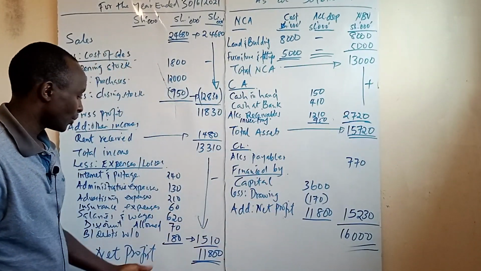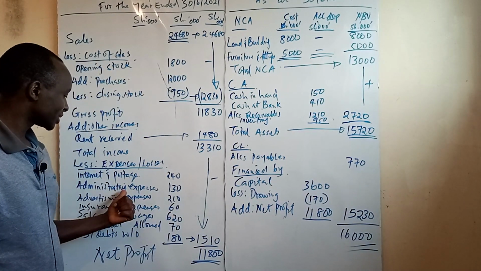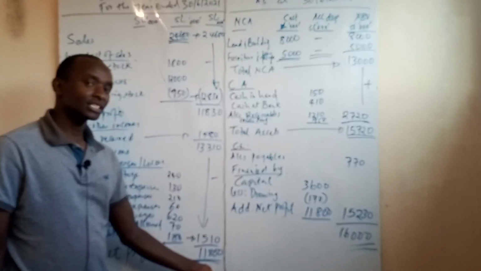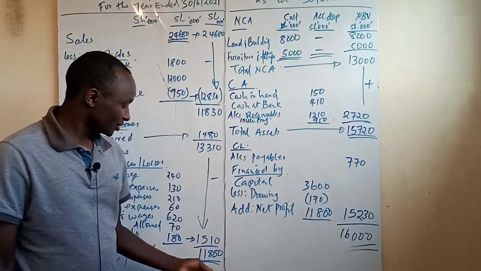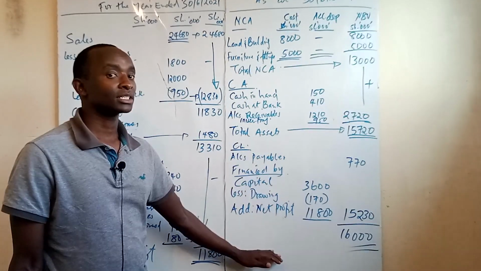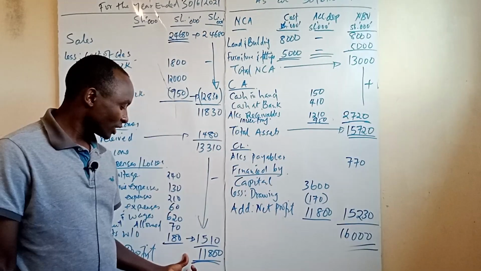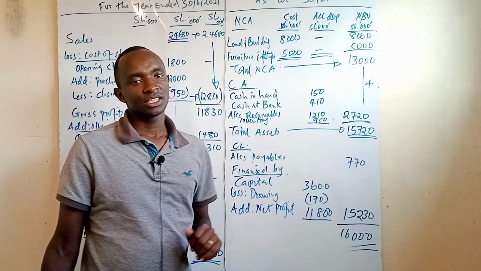So it means we overstated the net profit by omitting the traveling expenses. And you know, this net profit is the one that is going to adjust the capital or the financed by part. So if this one is affected, that means also the statement of financial position is affected.